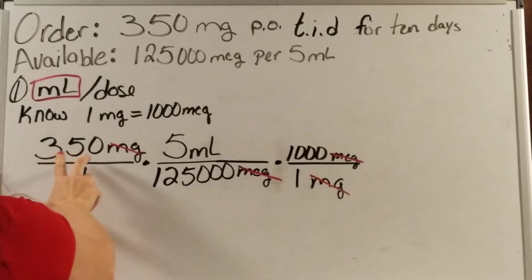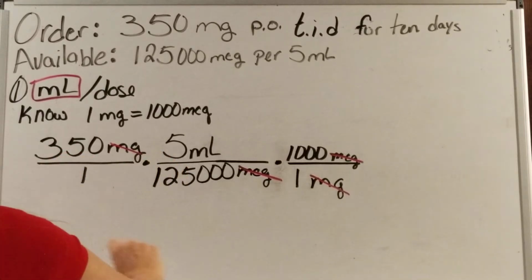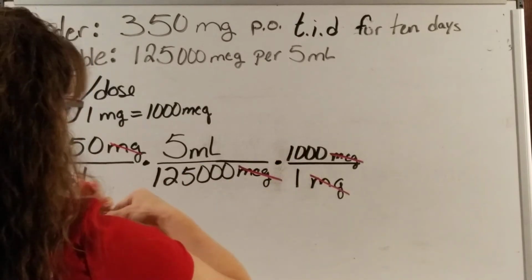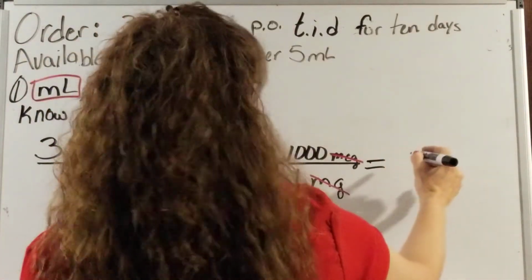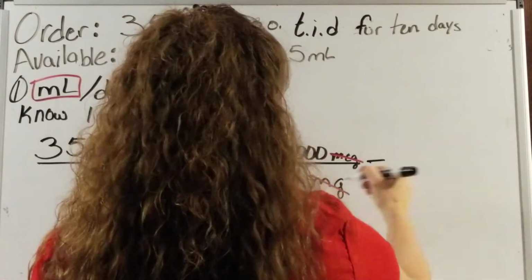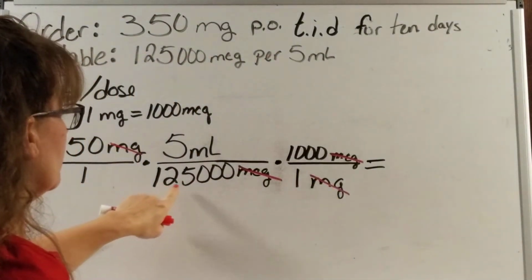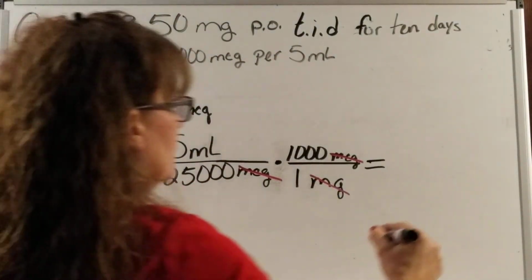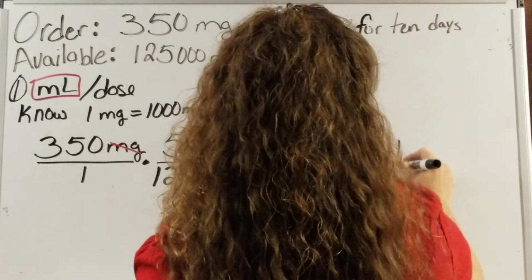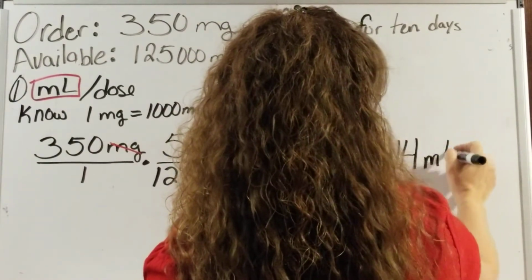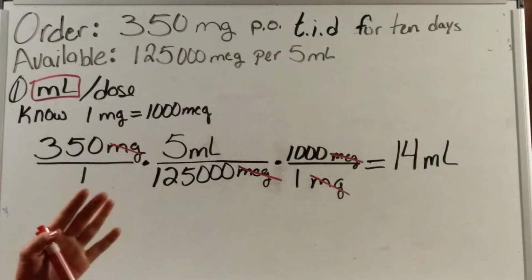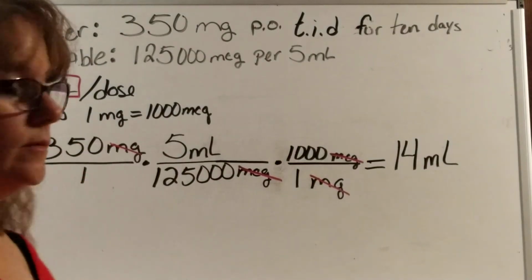So we have 350 times 5 times 1,000. And then we're going to divide it by 125,000, which gives me 14 milliliters. So that's how much they're going to take in one dose.